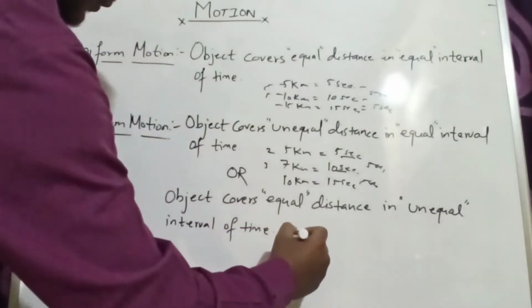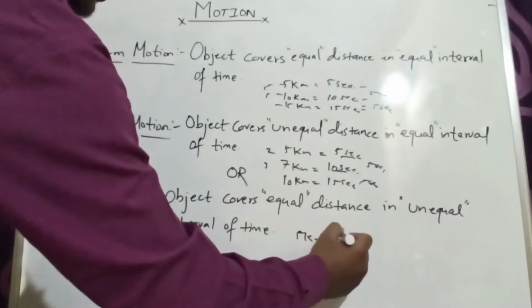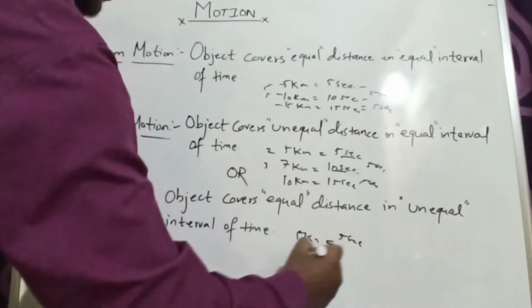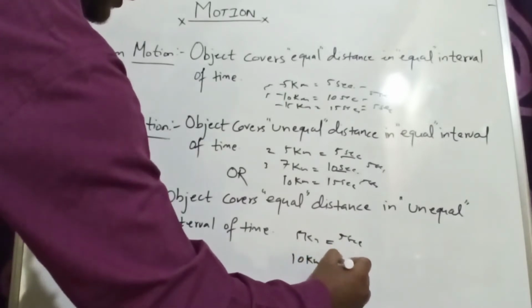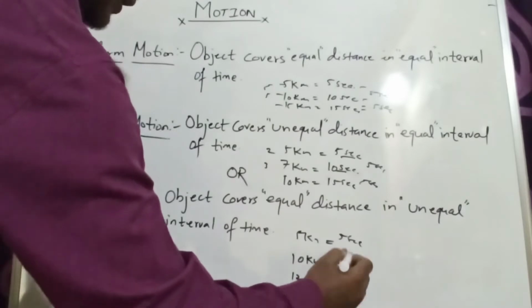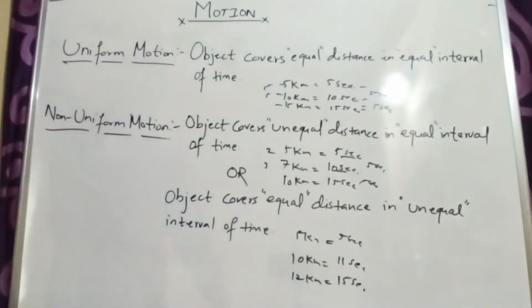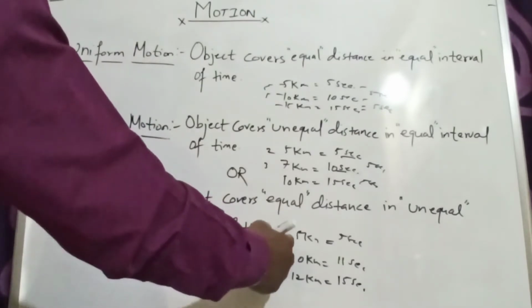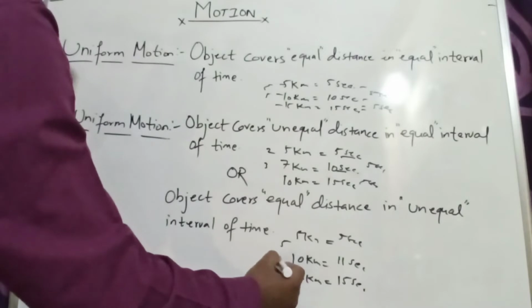Or say 5 km takes 5 seconds, 10 km takes say 11 seconds, and 15 km takes say 15 seconds.